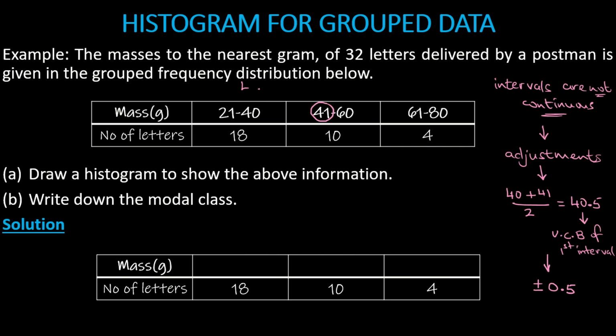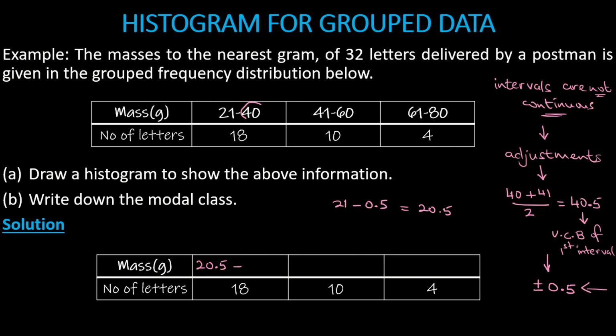Right, firstly we choose the lower class boundary, which is 21. With 21 you subtract 0.5, which is the quantity for the adjustment. This gives 20.5. So the first interval starts with 20.5. Right?